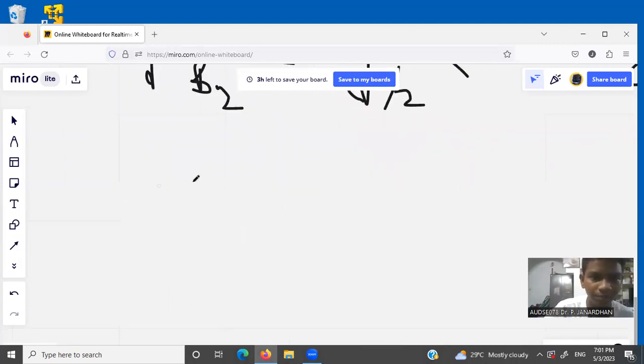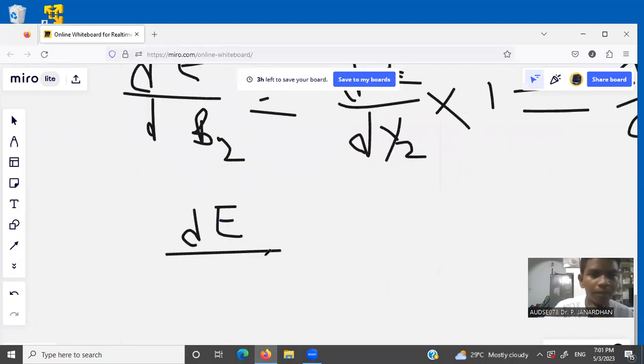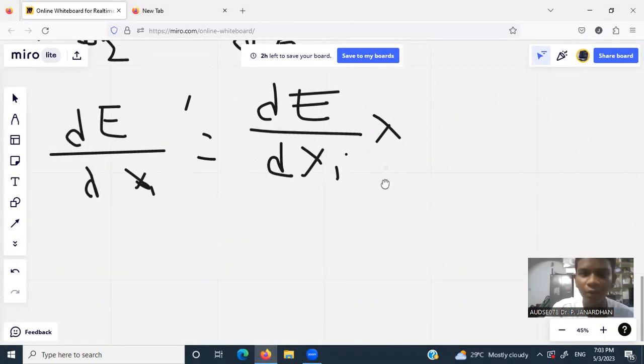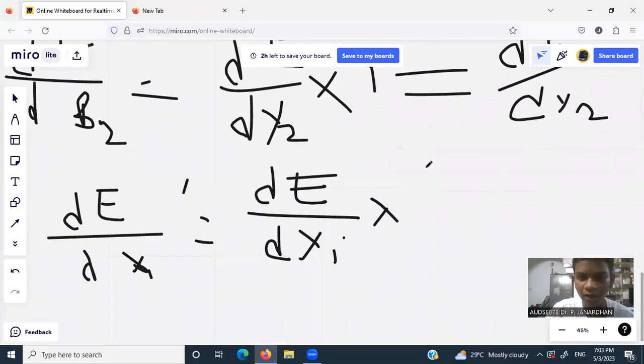Well, let's see. We have dE by dy1, the derivative of error with respect to y1, and then we are going to calculate the derivative of y1 with respect to x1, right?